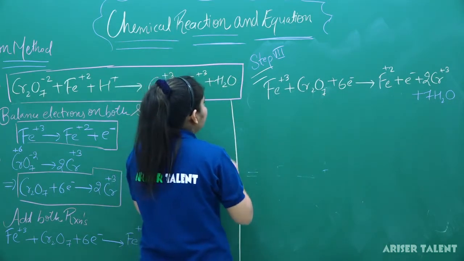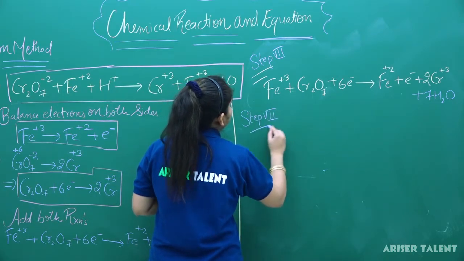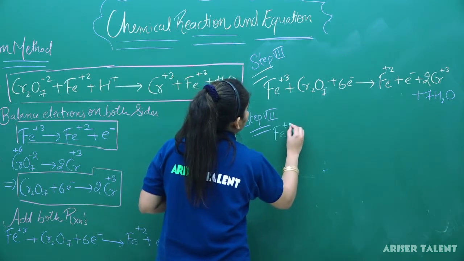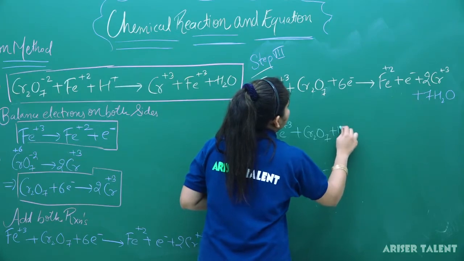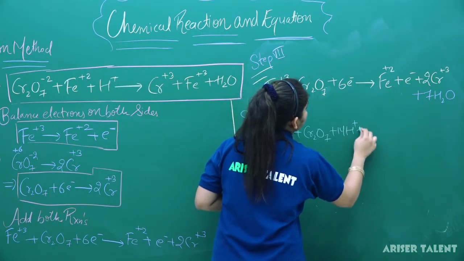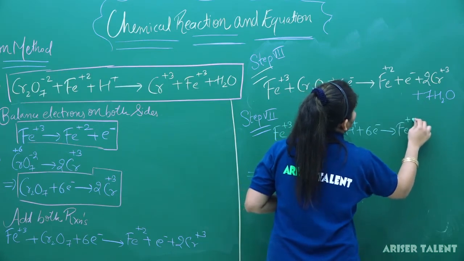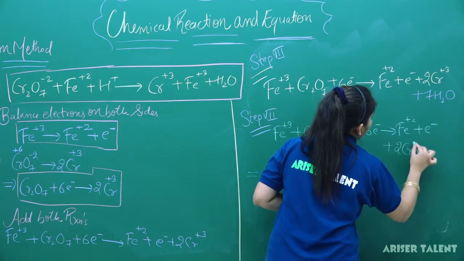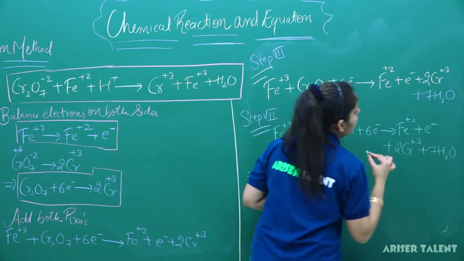So our step number 7 again will be Fe+3, Cr2O7 plus 14H+ plus 6 electrons gives Fe+2 plus electron, 2 Cr+3 plus 7H2O.